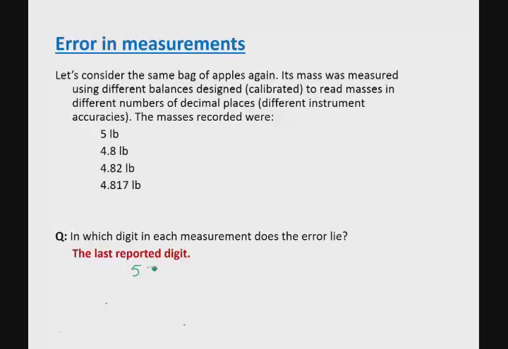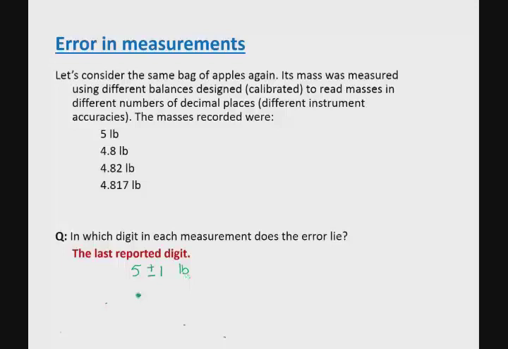So the error will be in that place as well, plus or minus 1 followed by the unit. Basically what it means is if the balance says 5 pounds, the actual weight of that bag of apples can be anywhere from 4 to 6 pounds, in that range. That's the precision allowed by this balance.